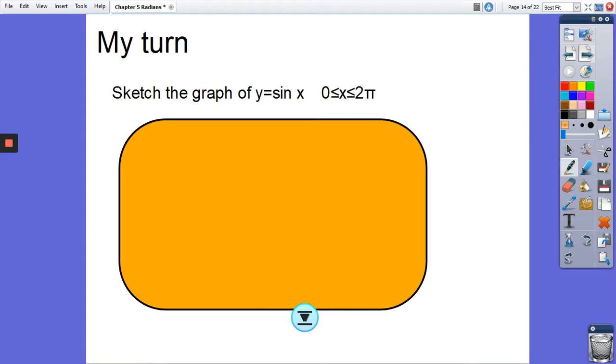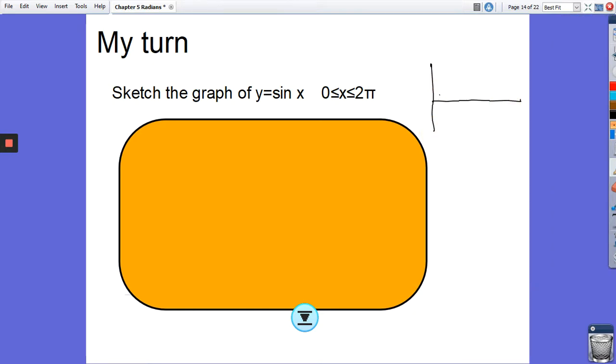I'm going to do this very roughly. We know that the graph is going to look something like that, because that's what it looks like between 0 and 360. We know that that's 180, so that will be pi. And that's going to be 2 pi.